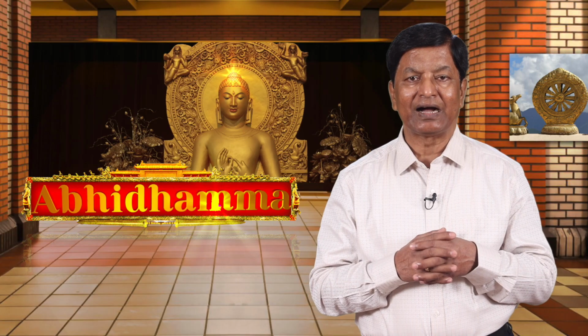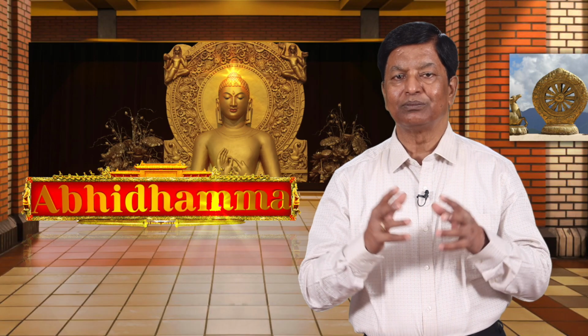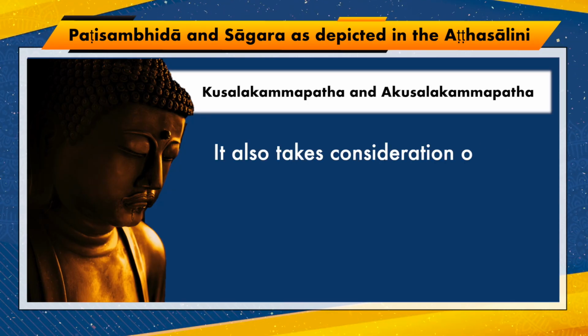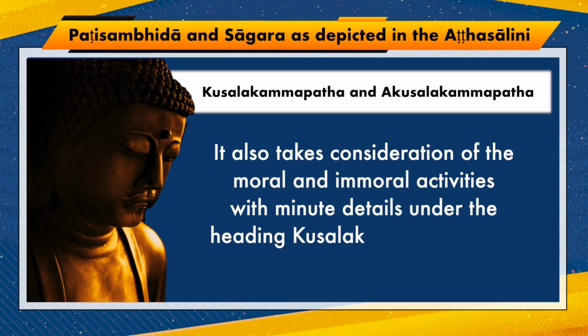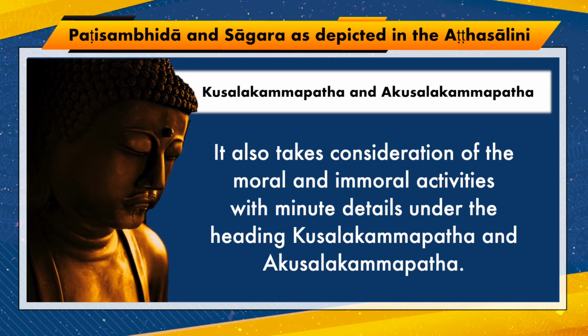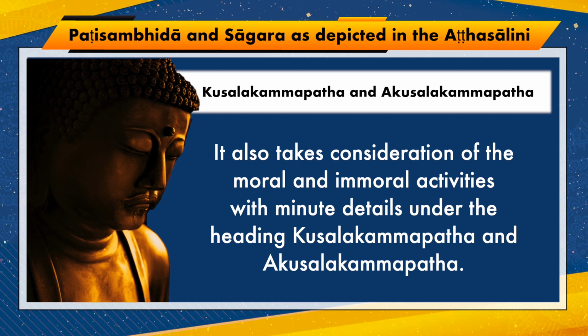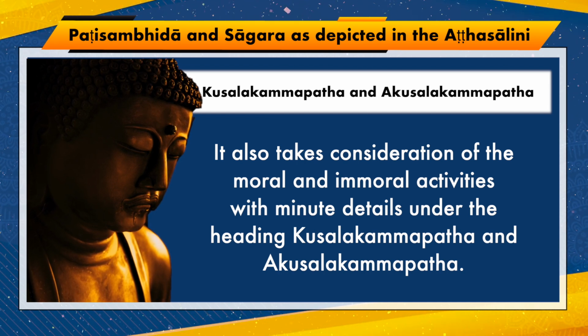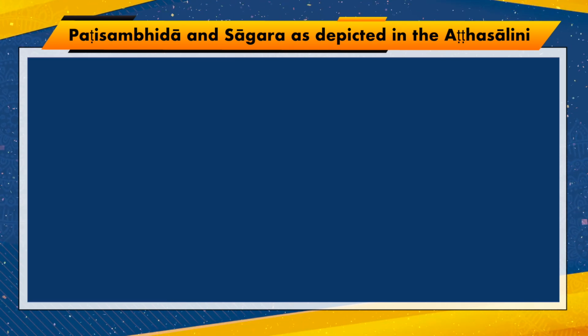Immediately after that, there is a description of Dwar Katha, that is the Kaya Kamma Dwar, Vachi Kamma Dwar and Mano Kamma Dwar. It also takes consideration of the moral and immoral activities with minute details under the heading Kusal Kamma Path and Akusal Kamma Path.